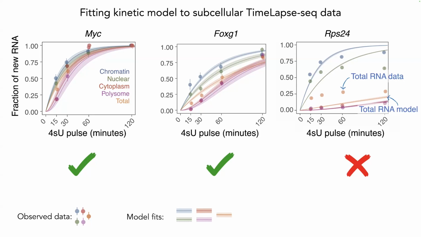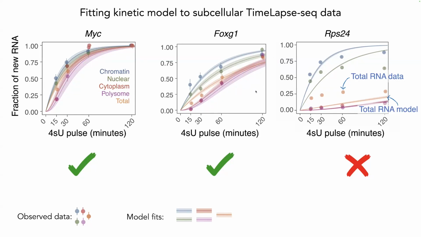For example, RPS24, a really important ribosomal protein gene, where, I should say, we only fit the models for all of the data set except for the total RNA. We use the total RNA as a reality check. Like I said, at the end of the day, the compartments should add up to the total RNA picture.